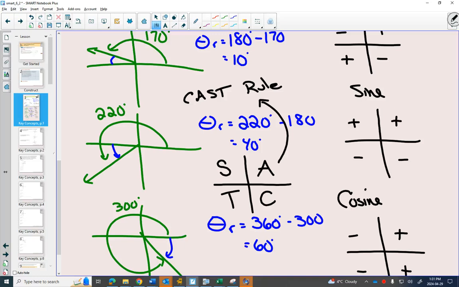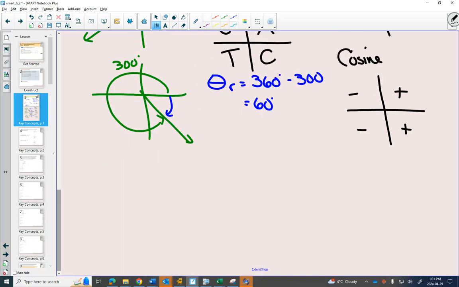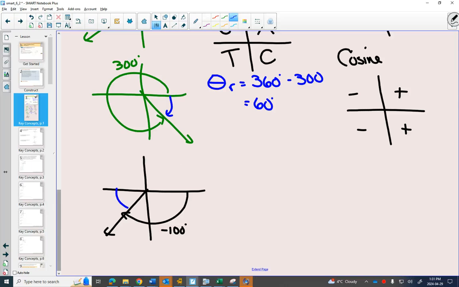Okay? You can also have angles that are in standard position that go in the negative direction. So if I went this way, this might be negative 100 degrees. Can someone tell me how big this reference angle is? That reference angle would be positive 80 degrees. Reference angles are always positive and always between 0 and 90 degrees.